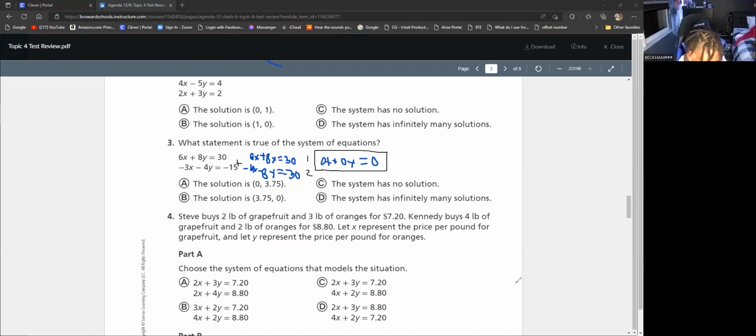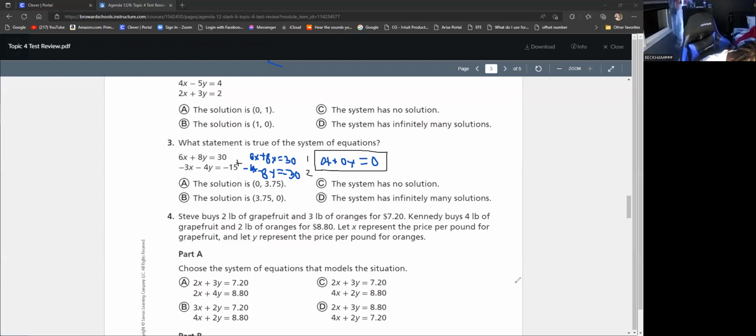Yep. Okay, so which of A, B, C, or D models that paragraph? It's not B. It says let X represent the price per pound for grapefruit.